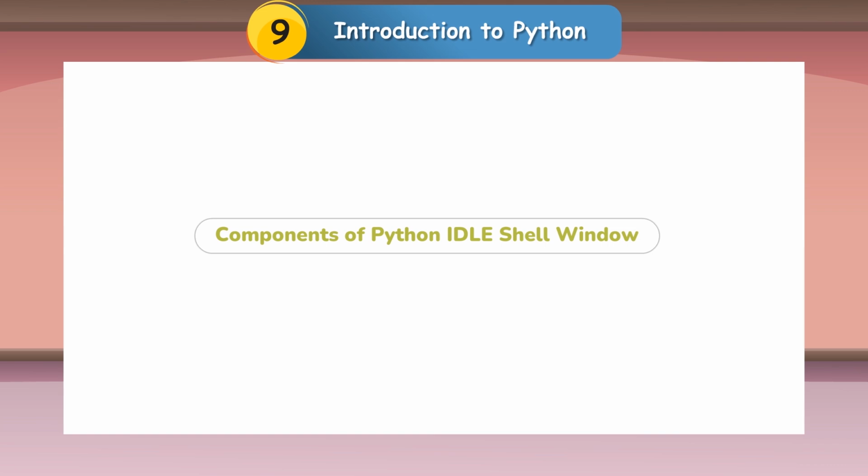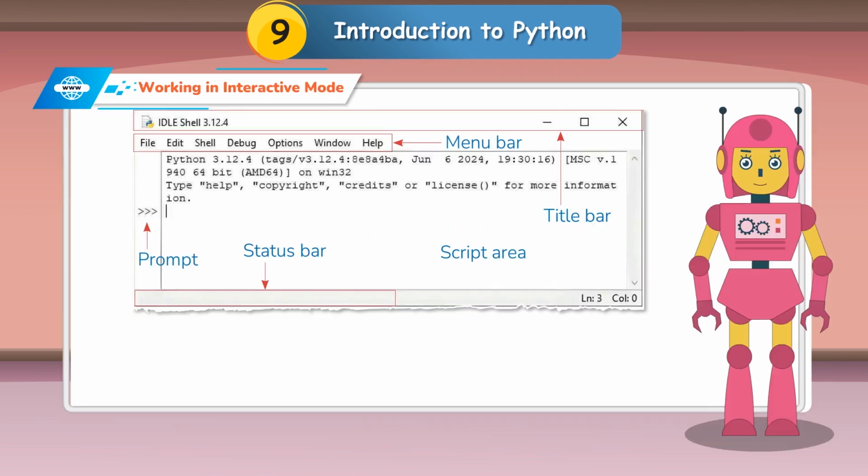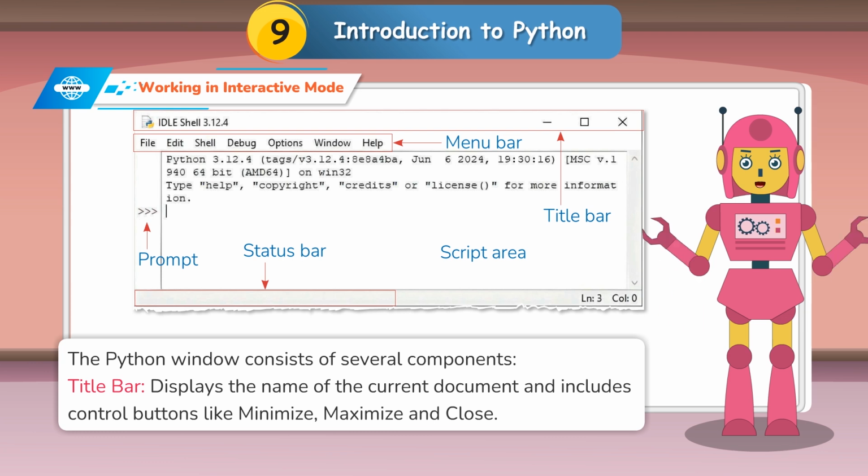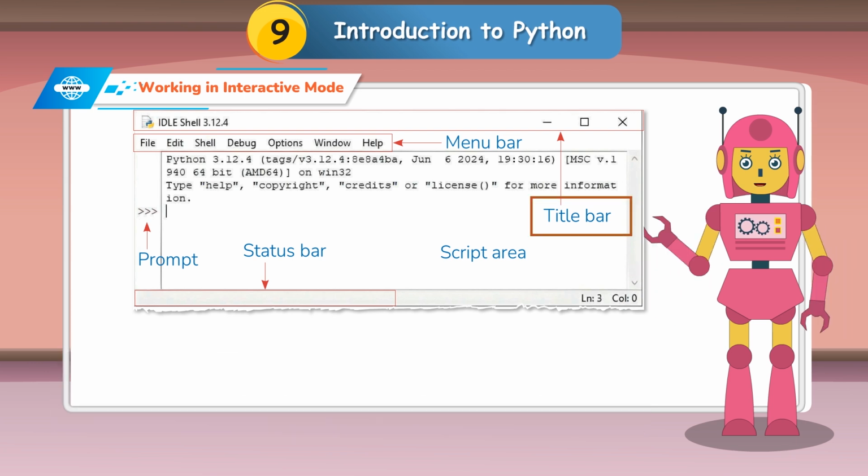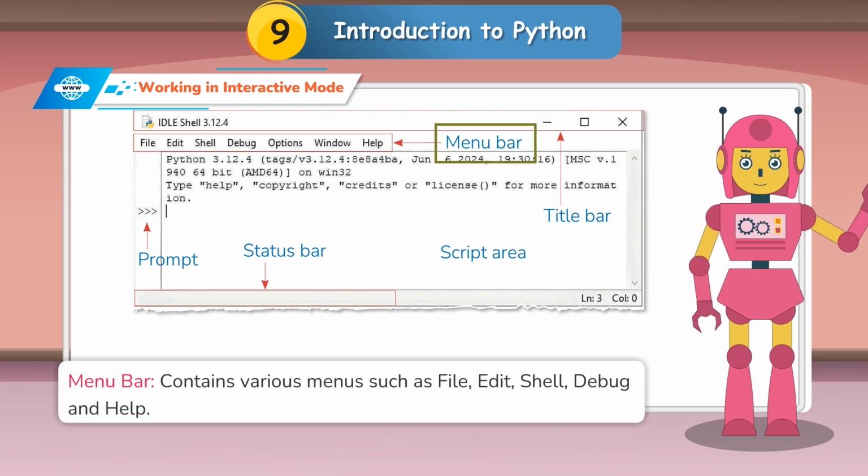Components of Python IDLE shell window. The Python window consists of several components. Title bar displays the name of the current document and includes control buttons like minimize, maximize, and close. Menu bar contains various menus such as File, Edit, Shell, Debug, and Help.